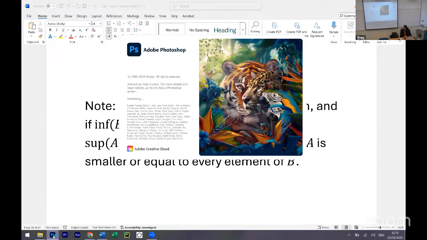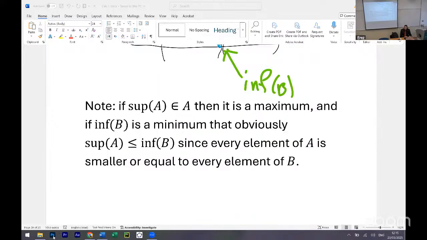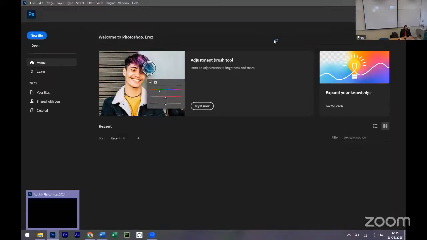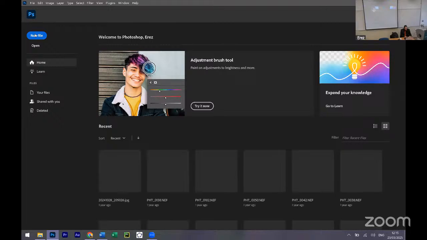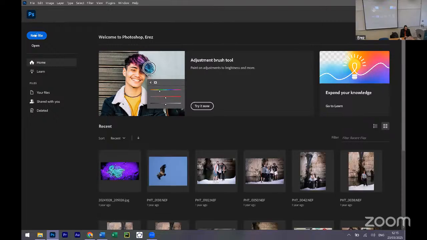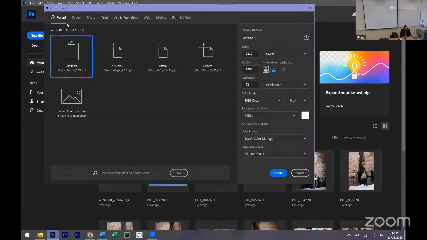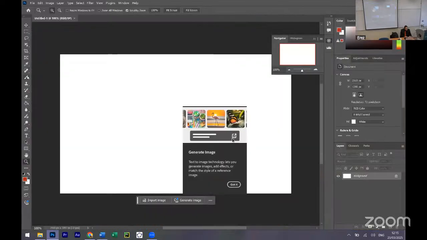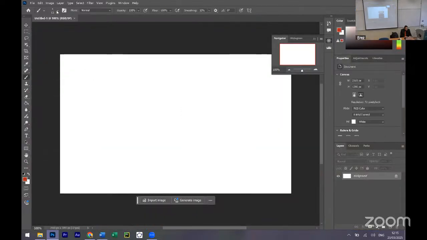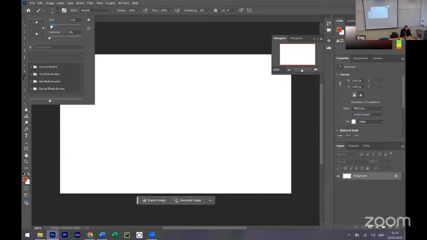I'm opening Photoshop, not for too long. Don't get excited. That's a new file, whatever. And I'll take the brush here. Great, yes. And now I can choose which brush I use and the hardness. You don't see anything, it's too small. Oof.